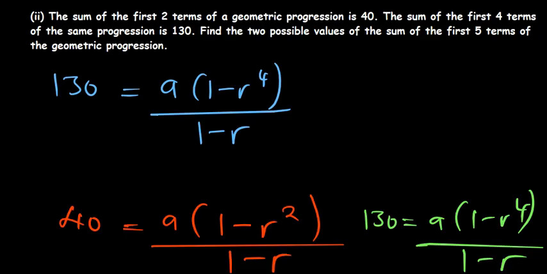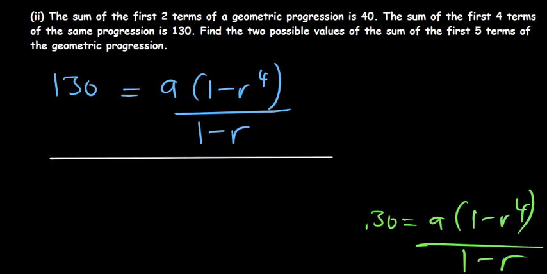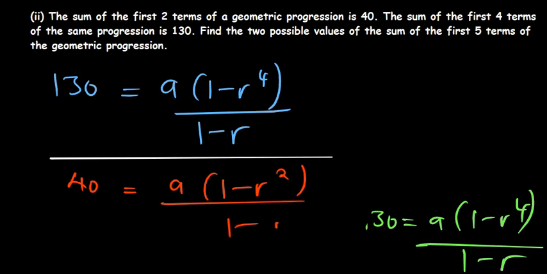Since we can see that the denominator is the same for both of them, we can try to divide both sides by the smaller equation, that is this one on the bottom. So 40 is equal to a times 1 minus r to the power 2, over 1 minus r.